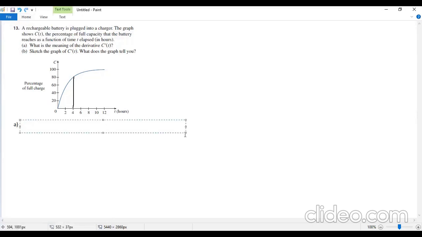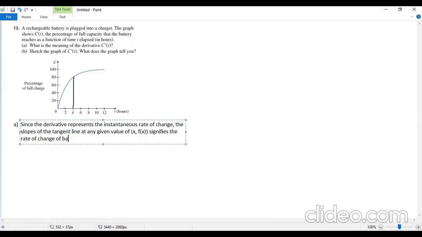So we'll say that since the derivative represents the instantaneous rate of change, the slope of the tangent line at any given value of x, f of x, which is just a particular coordinate point, signifies the rate of change of battery, or we can say percentage charge, with a particular input of hours at a given instance.